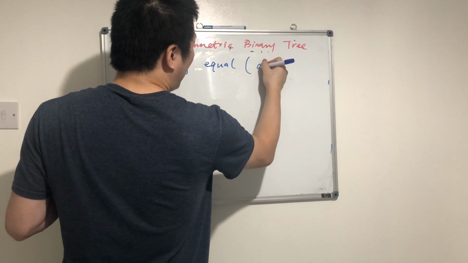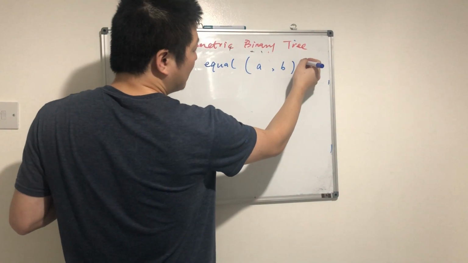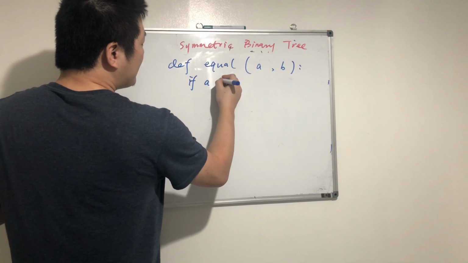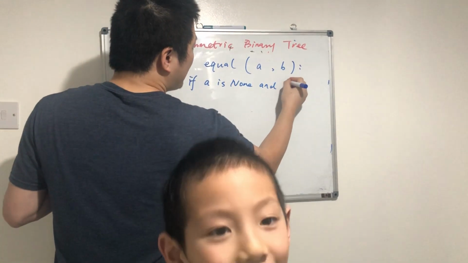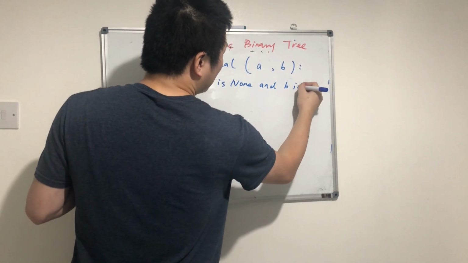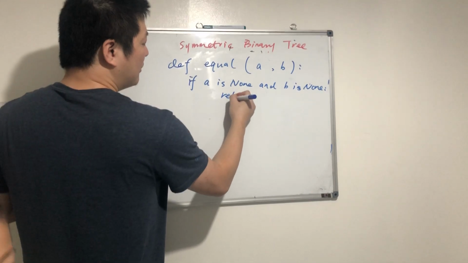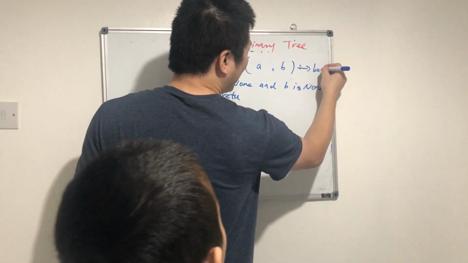Equal, A, B. If A is none and B is none, what should we return in this case? We are returning a Boolean value here.